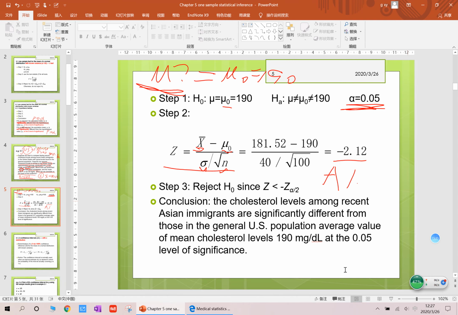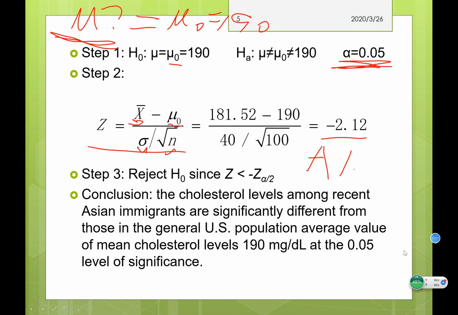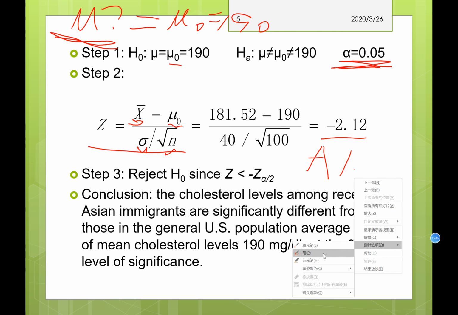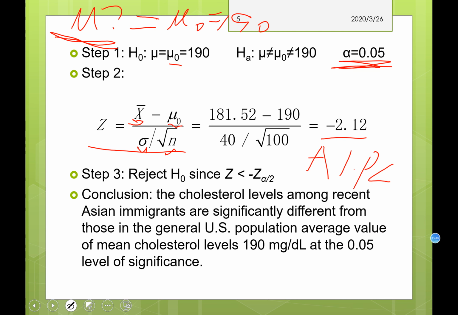So that means here the p value is less than alpha. So we know that when p is less than alpha, that means the probability is too small and we can reject H0.